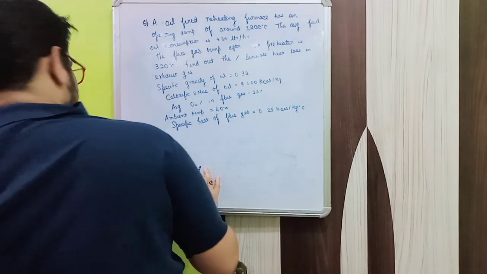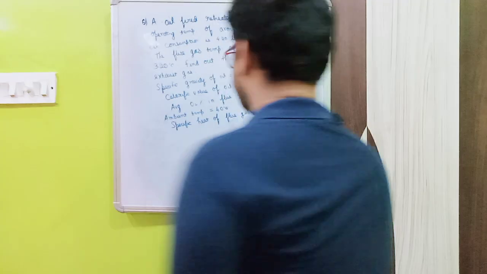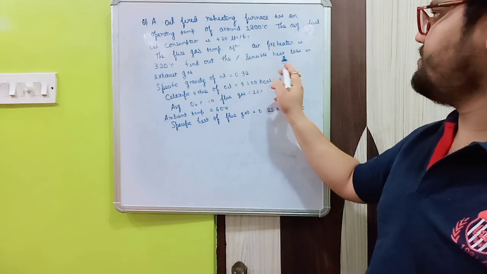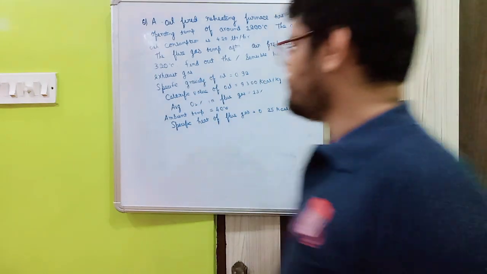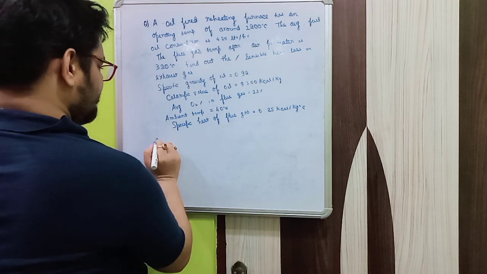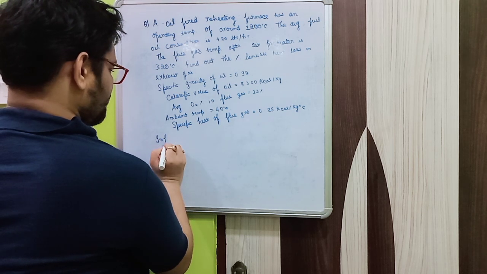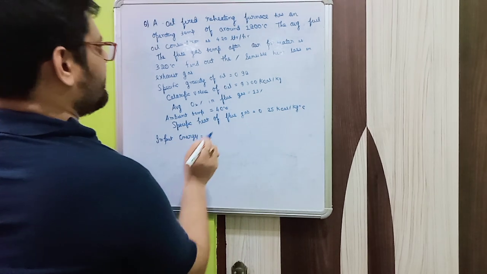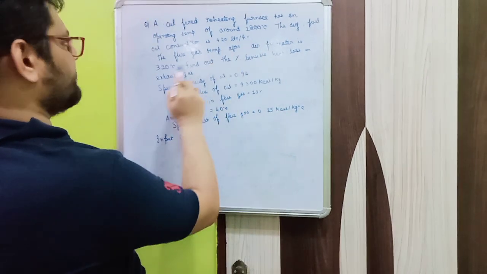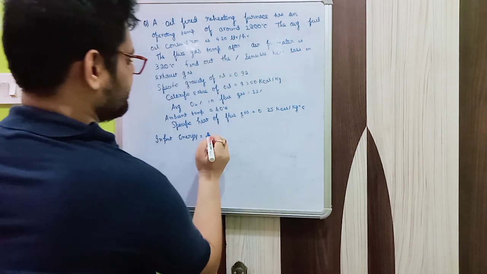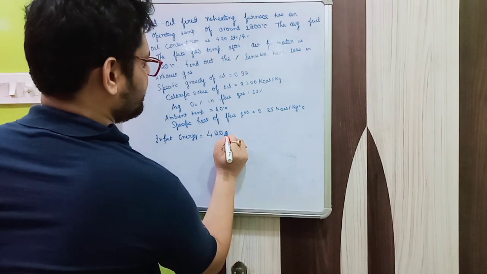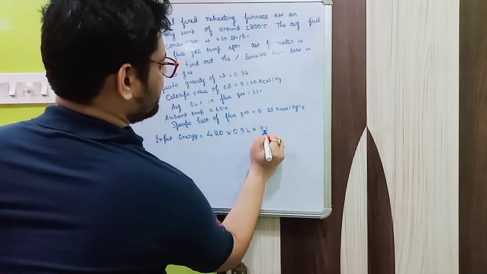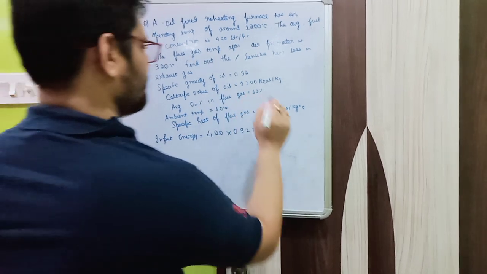So now we have to find out the input energy. What is the input and what is the output, and then we can find out the percentage sensible heat loss in the flue gas. One by one we'll try to find out. First is the input energy. Input energy is equal to oil consumption 420 liter per hour, so this is 420 into 0.92 into 9300, the calorific value of oil in kilocalorie.